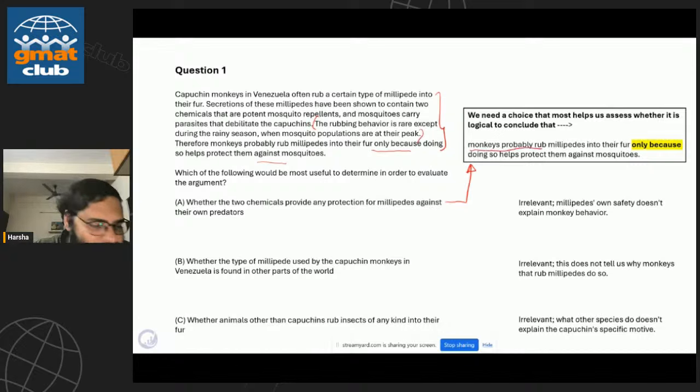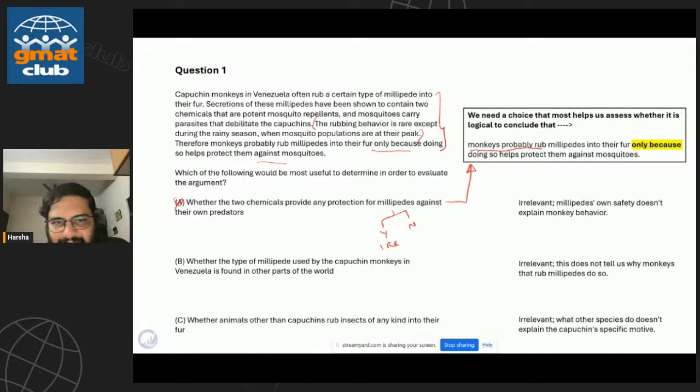So even without doing a variance test or a yes no test, you could reject choices like this, which are clearly wrong. But if you want to apply the variance test and go the yes no direction, you can absolutely do that. If I go the yes way, the two chemicals provide protection for millipedes against their own predators, you would still say it's irrelevant to what you're trying to do.